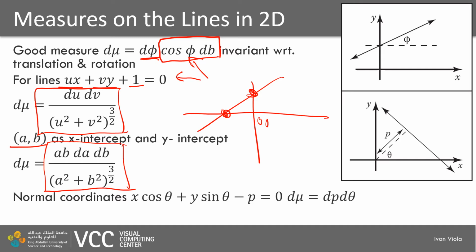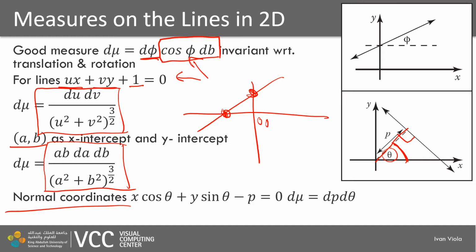But the question is, is there a measure which doesn't need any correction, which is a sort of natural measure for lines? And it turns out that there is one, which is called the normal coordinates of a line, where we are defining the line as an angle theta, which is the angle between the normal of the line and the x-axis.